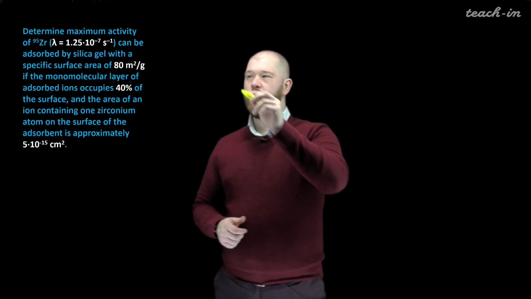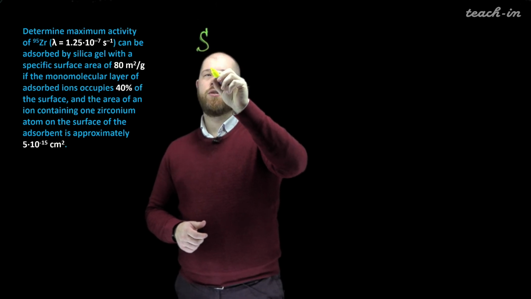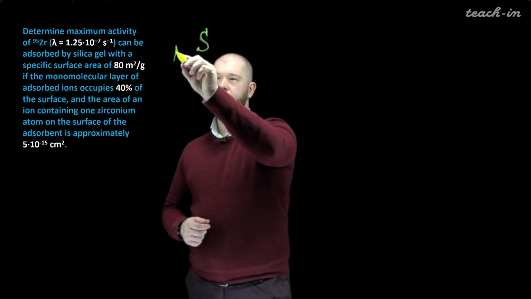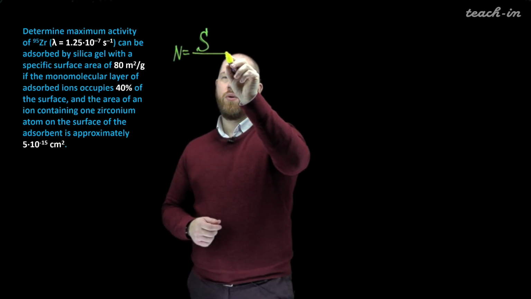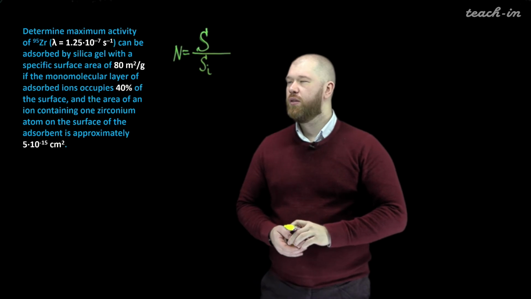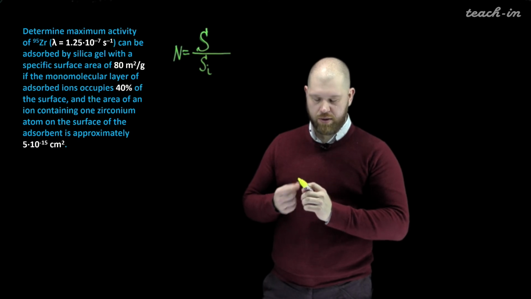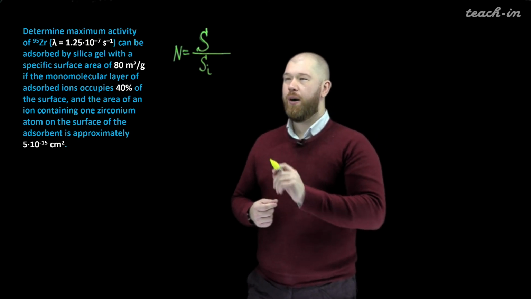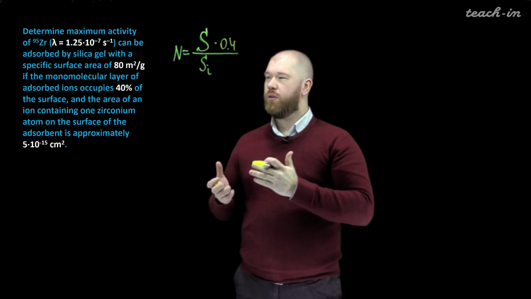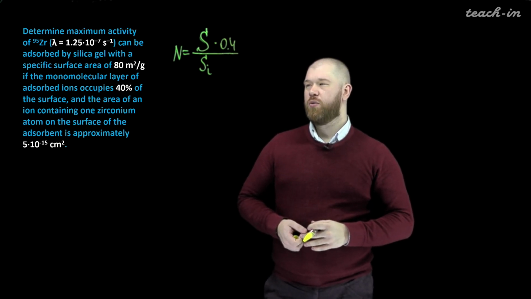So we know the specific surface of our gel, and thus we can calculate the number of atoms if we divide this surface by the area of one ion, but we have to multiply it by 0.4 because only 40% of all the places will be occupied by the zirconium atoms.